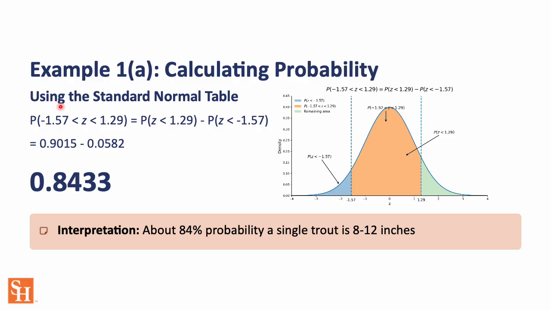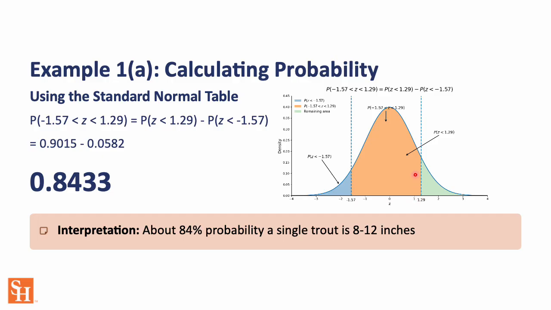Now we have converted it into z-scores, and we want the probability that z is greater than negative 1.57 and less than 1.29. That means we are interested in the area between negative 1.57 and 1.29.